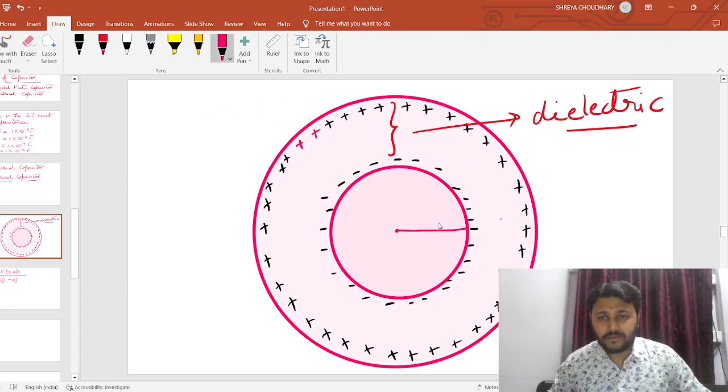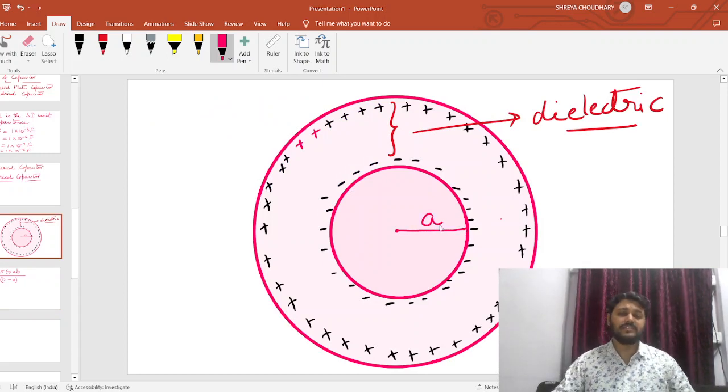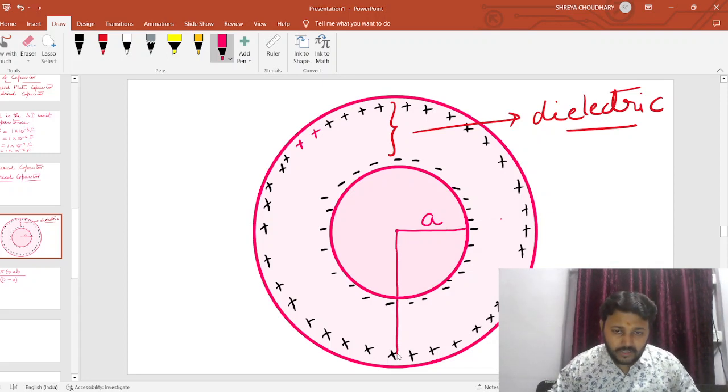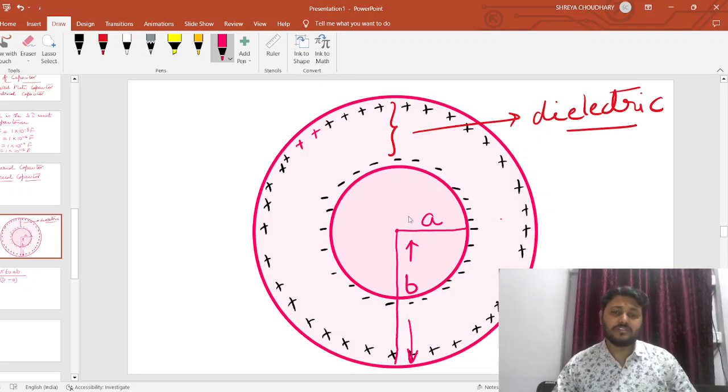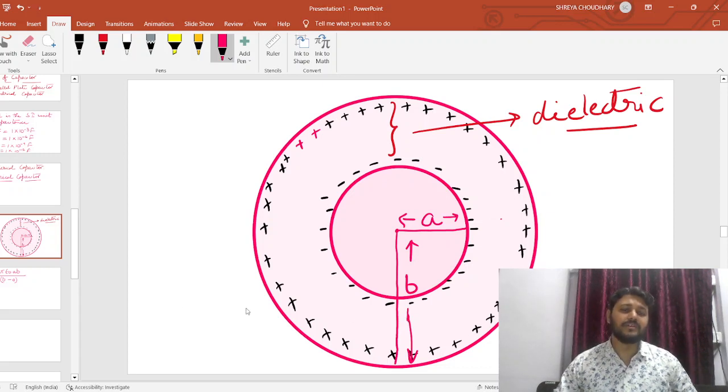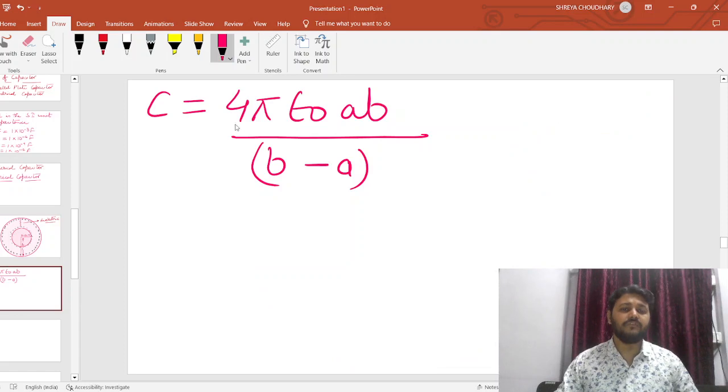This is your A, the inner radius, and this is your B, the radius of the outer circle. So the formula stands 4 pi epsilon naught AB upon B minus A. This is the value of a spherical capacitor.